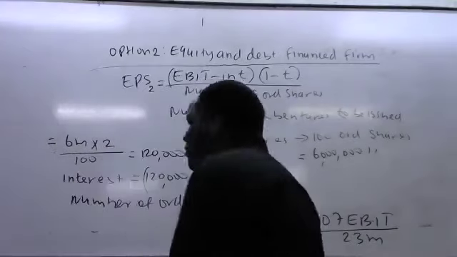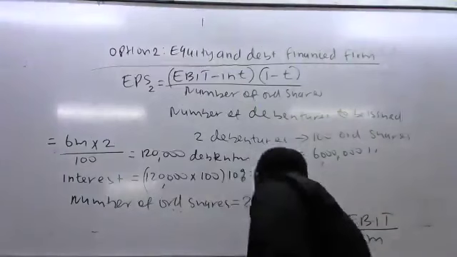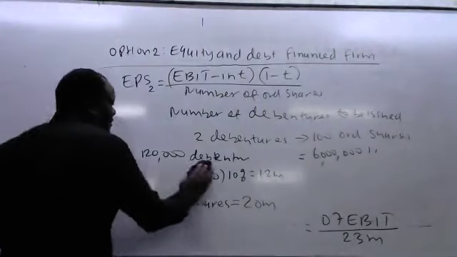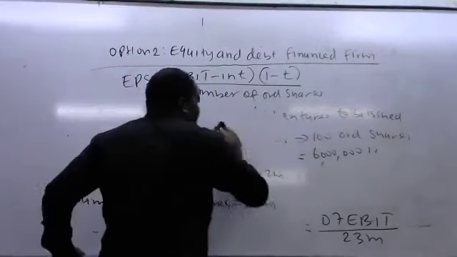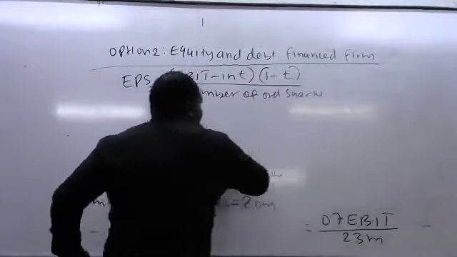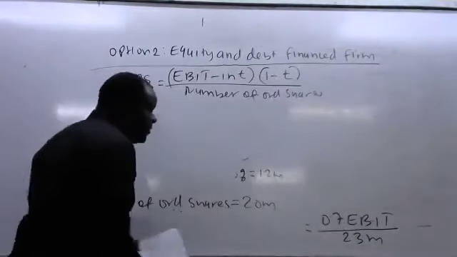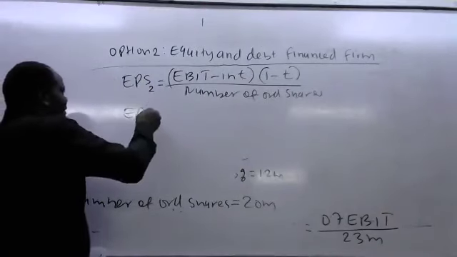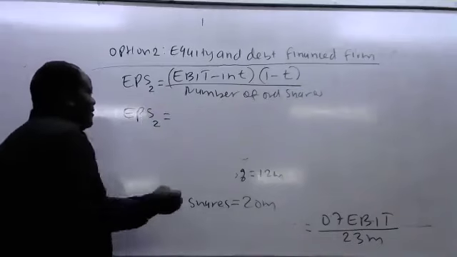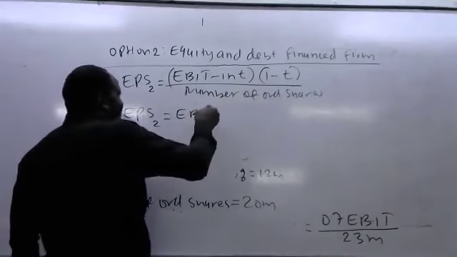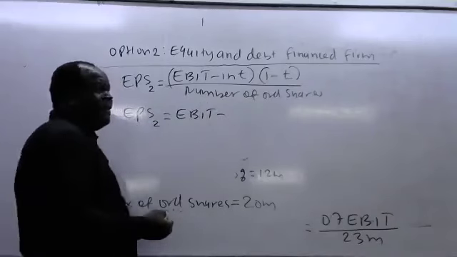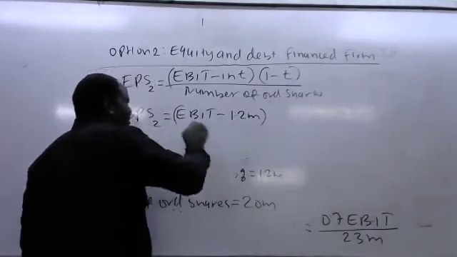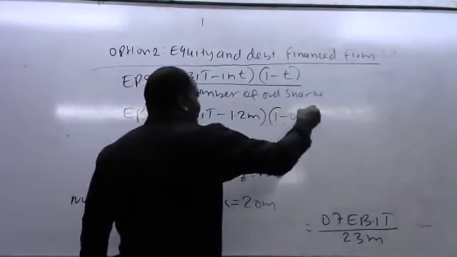So now we go to that equation. We check under our equation. When it comes to the equation, earning per share for option 2 will be earnings before interest and tax, we subtract interest, which is 1.2 million, then 1 minus 0.3.